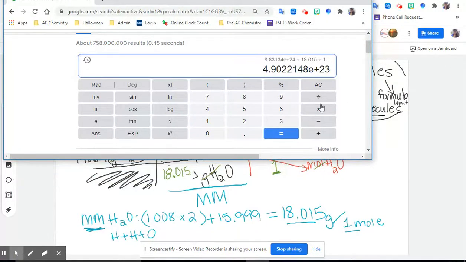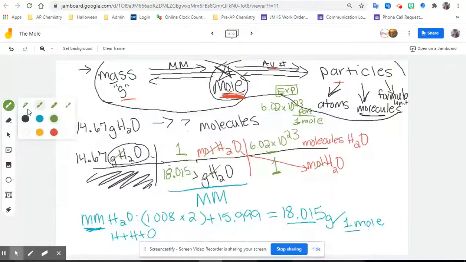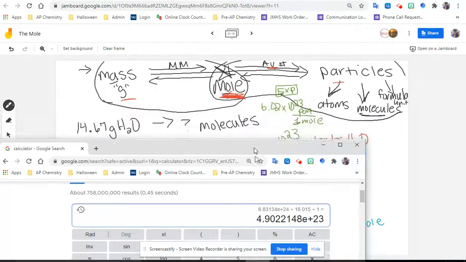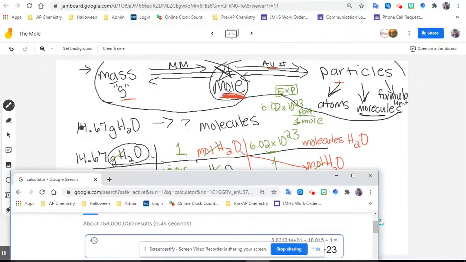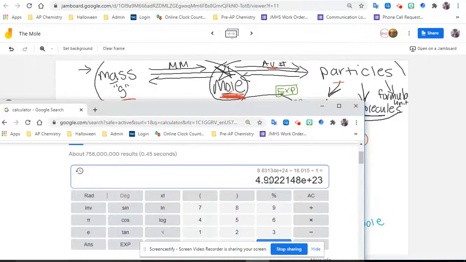There's my answer. Let me change my color over here. We see 4.902. Let me look at my significant figures. I started with 4, so my final answer should only have 4. So 4.902 will be the 4 digits that I need significant-figure-wise.